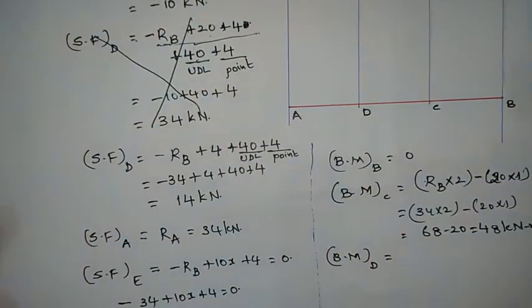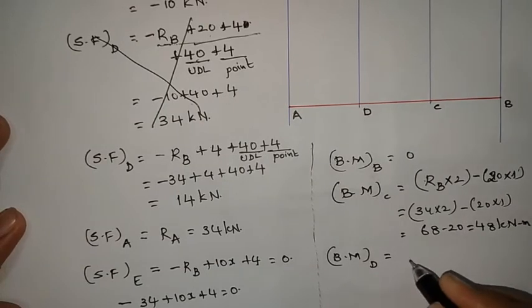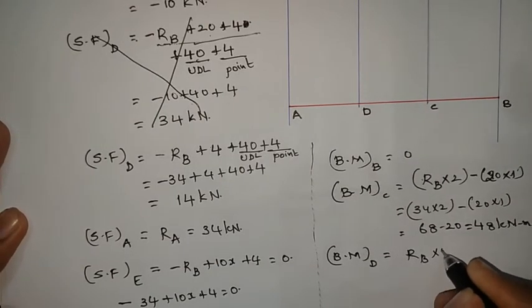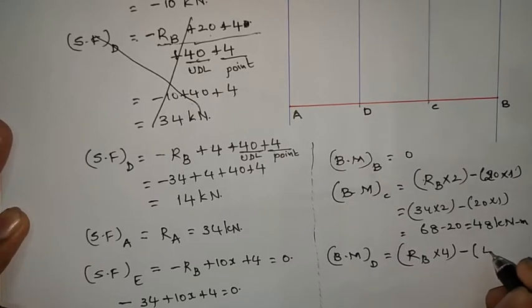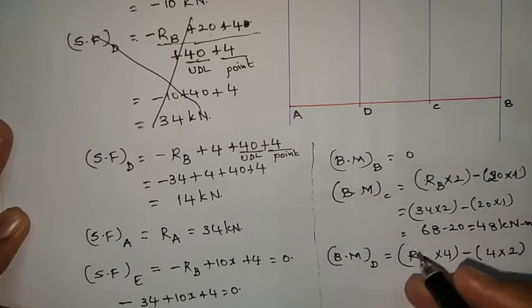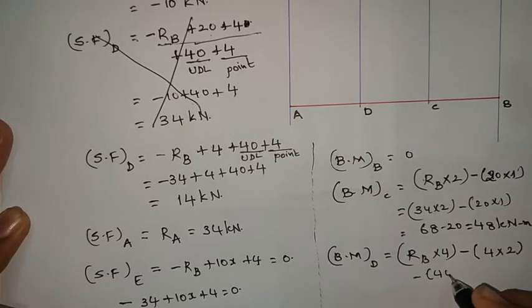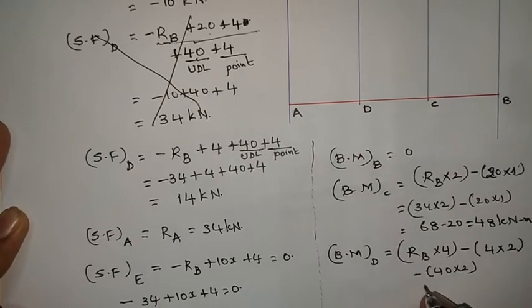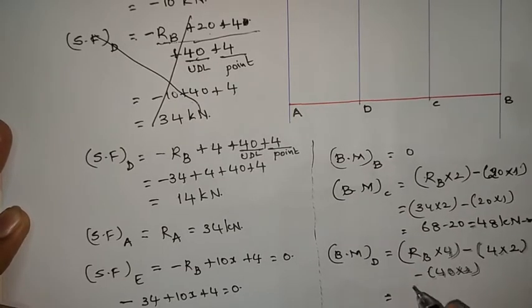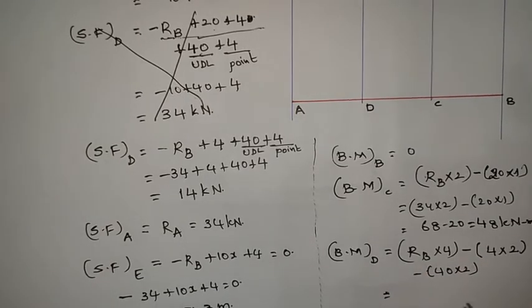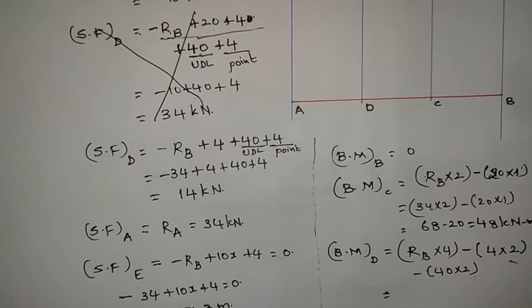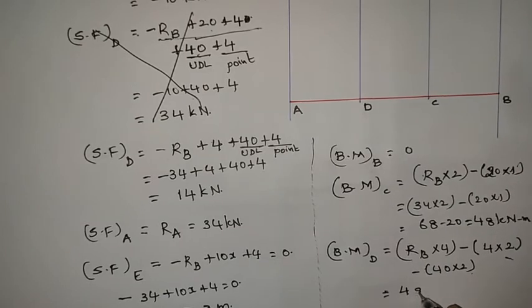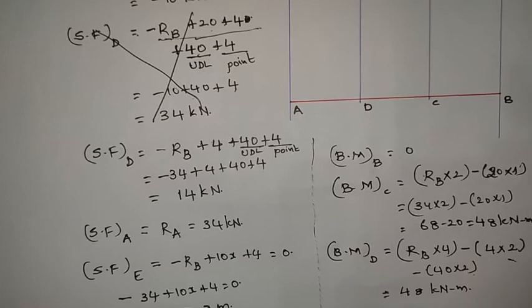That is RB into 4 minus 4 into 2 minus 40 into 2. So that equals RB value 34, so 34 into 4 minus 4 into 2 minus 40 into 2.